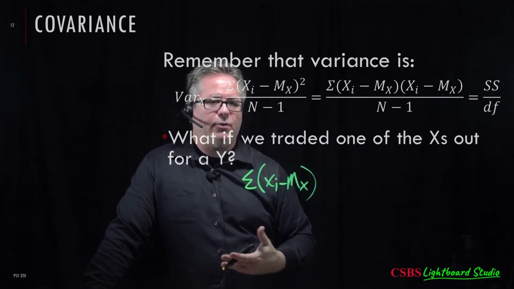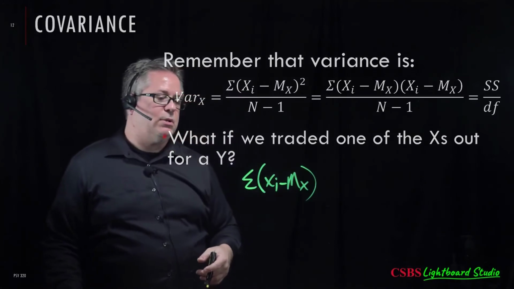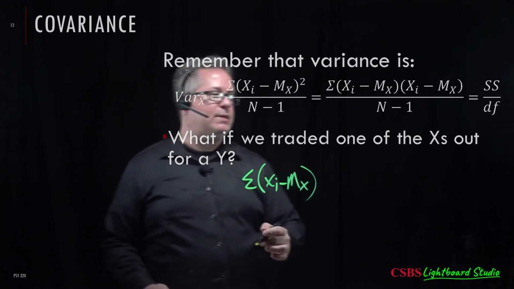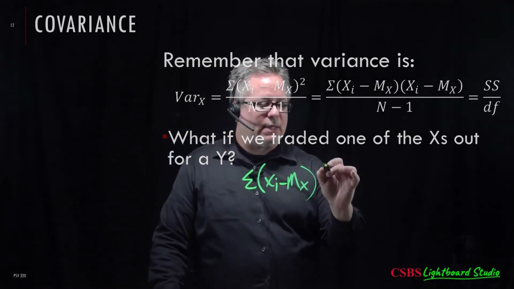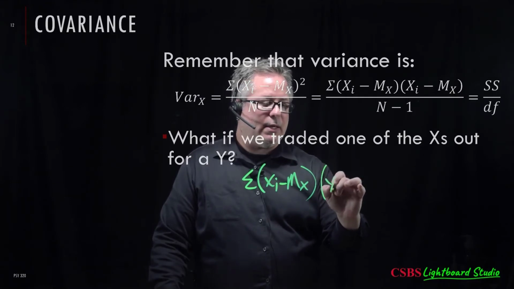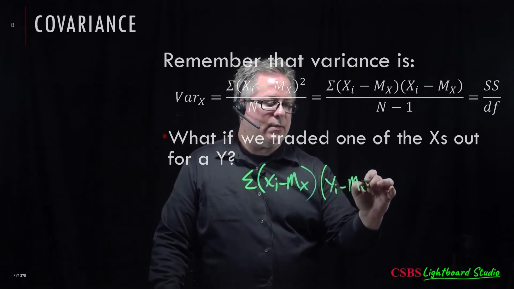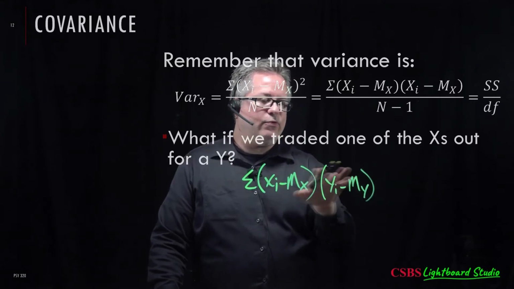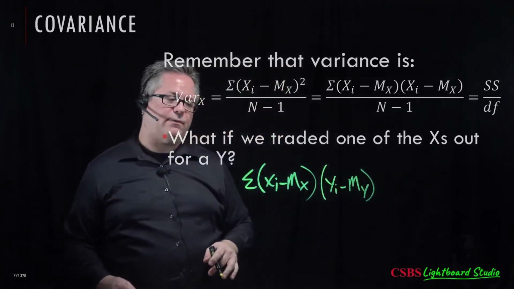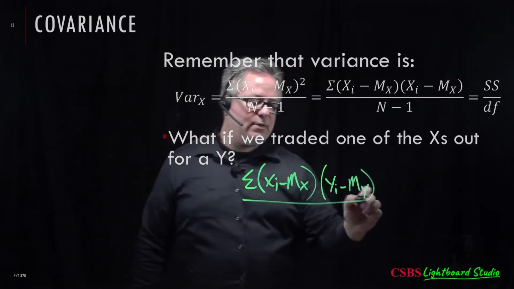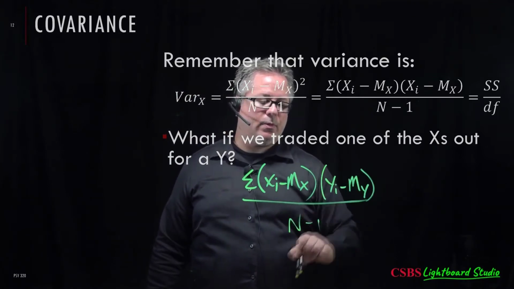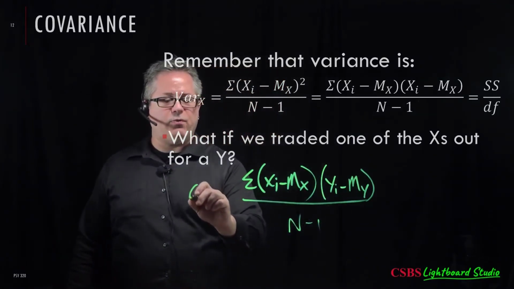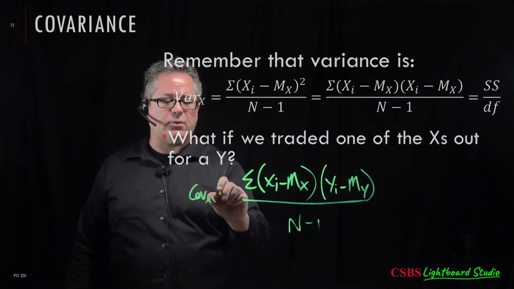But what if you traded one of the x's out for a y? Well, I can say, all right, great. It's like the sum of (xi - mx) times (yi - my). I notice there's no square because I'm not multiplying by itself. And I can still divide that by n minus 1. That would give me a covariance between x and y.